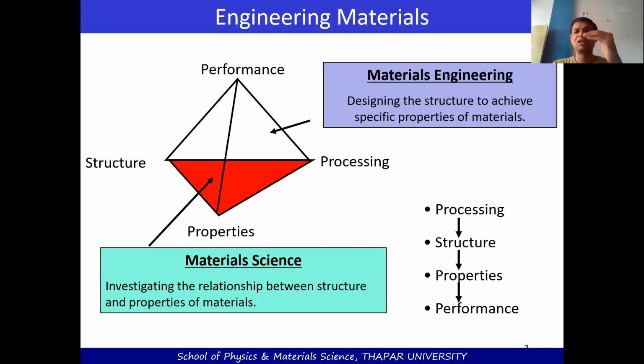So with the processing conditions, you now have a limitation on the structures that you can make, and what kind of properties you can produce with those structures is also now known. Since the properties are known, you can define the performance which you can achieve out of your product.